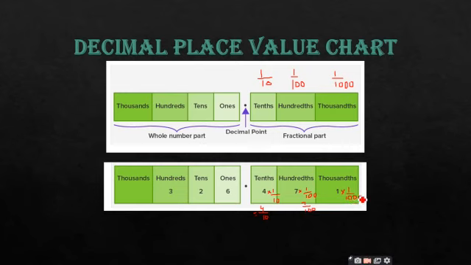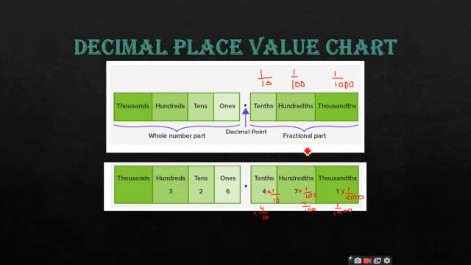So after the decimal we have the digits in the tenth, hundredth and thousandth places, and this means 1 upon 10, 1 upon 100 and 1 upon 1000. So this is a decimal place value chart.